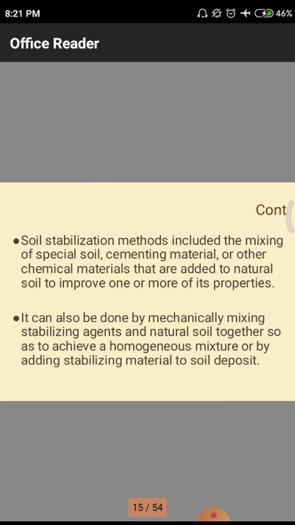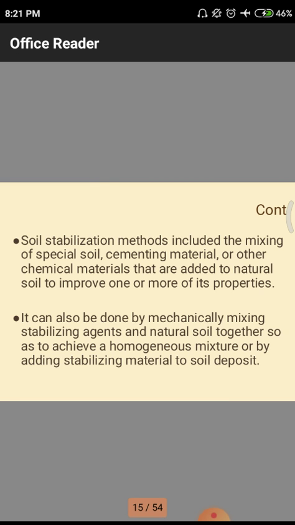Why? Because those have enhanced engineering properties. That means incremented engineering properties, so those are called special soils, like cementing material or other chemical materials that are added to our natural soil to improve one or more of its properties.